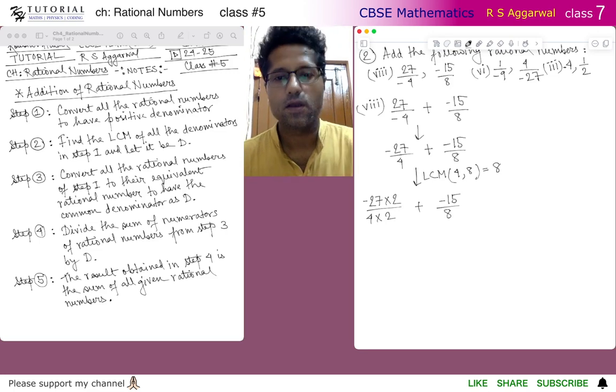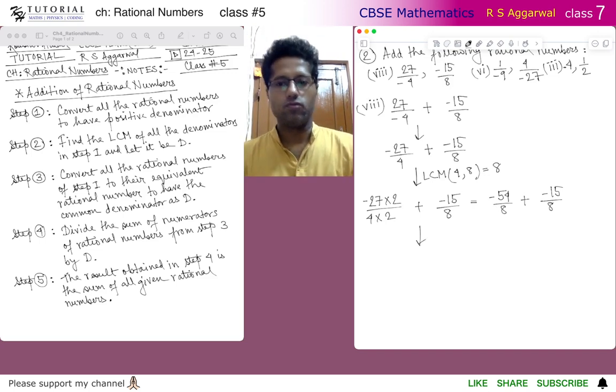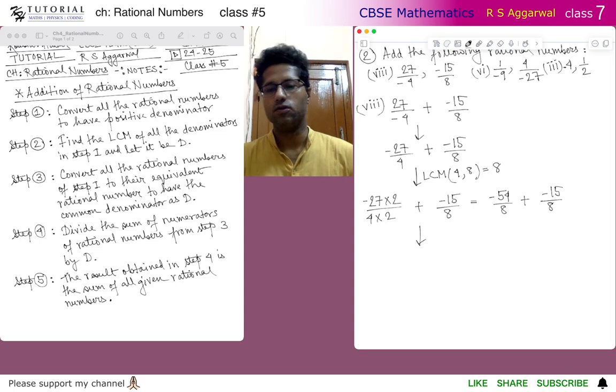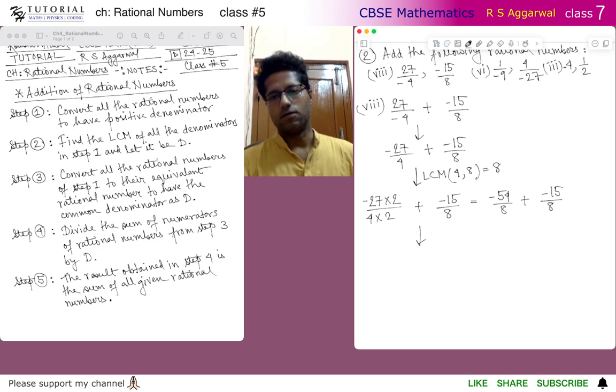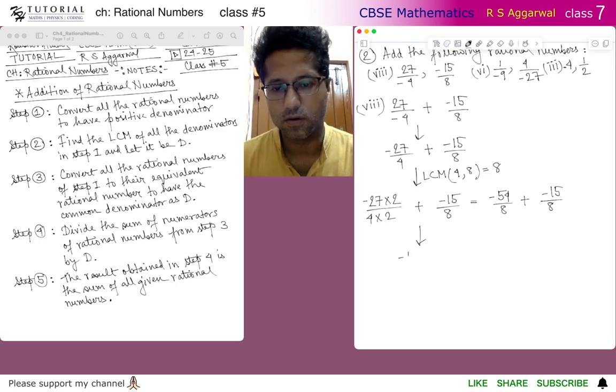So this is equals to minus 54 by 8 plus minus 15 by 8. So now we have to do step 4, that is sum all the numerators. Since we have the denominator same, we will now get the final result by summing the numerators divided by the common denominator.